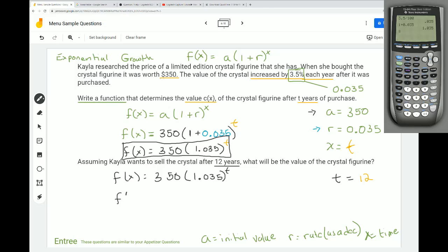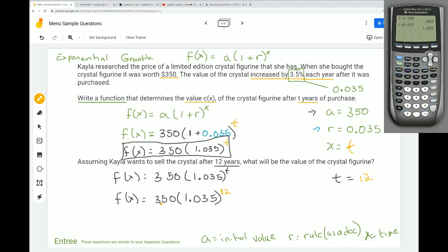So now we just evaluate the function, but plug in 12 for t. So the function of x is equal to 350 times 1.035 to the 12th power. Plug in that t, it's now 12, and now we evaluate. Remember, we're following PEMDAS.